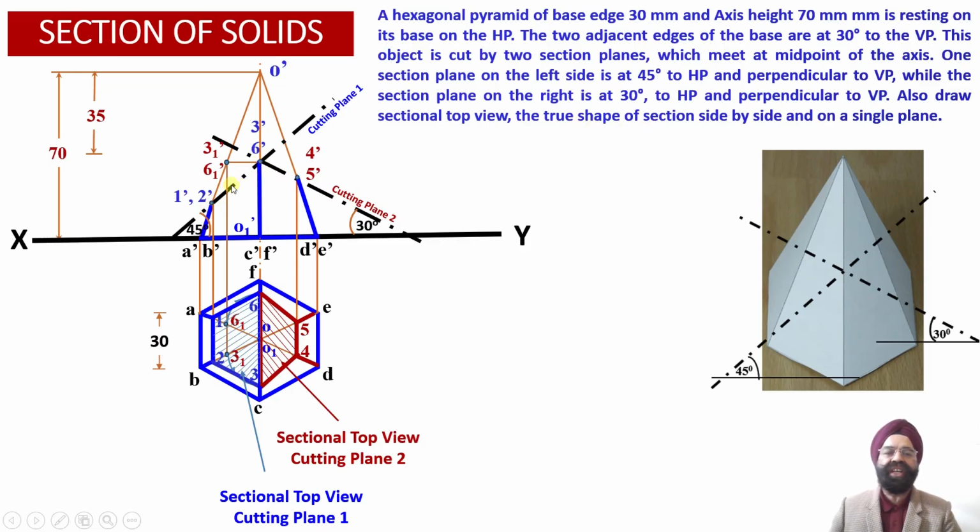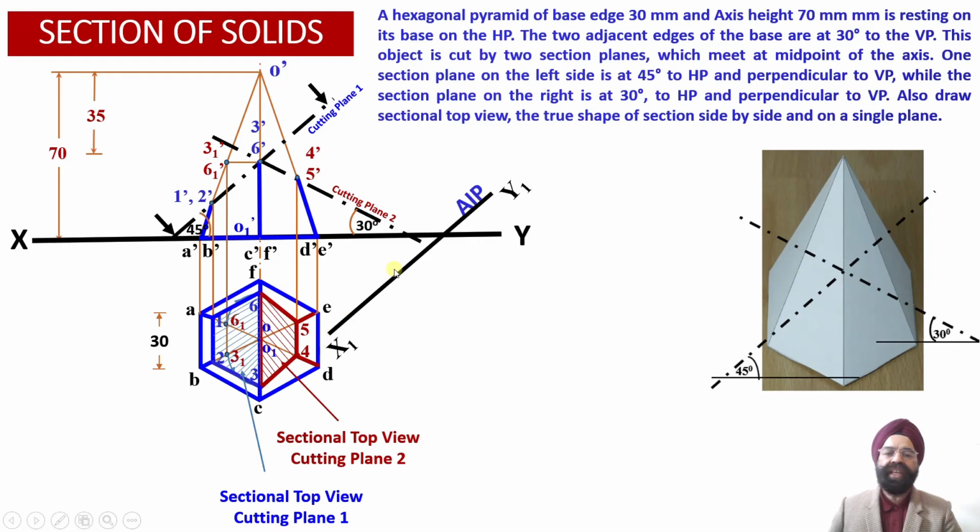This is cut section number 1. This is cut section number 2. Corresponding to these 2 cut sections, the true shapes have to be obtained independently and also side by side. Now this is our cutting plane 1. Once we look at the solid from this direction, we have to draw an auxiliary inclined plane, which will be x1, y1.